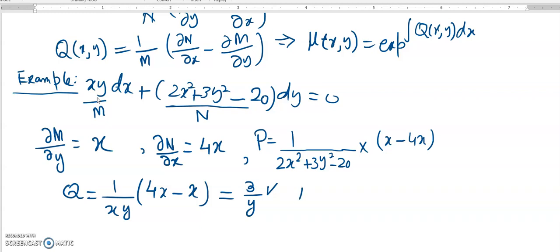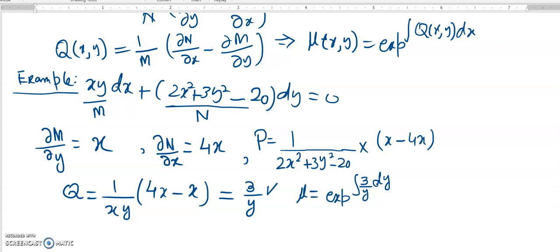So now we can find the integrating factor. The integrating factor is the exponent of the integral of 3 over y, and since this function is in terms of y only, it is better to integrate it with respect to y.